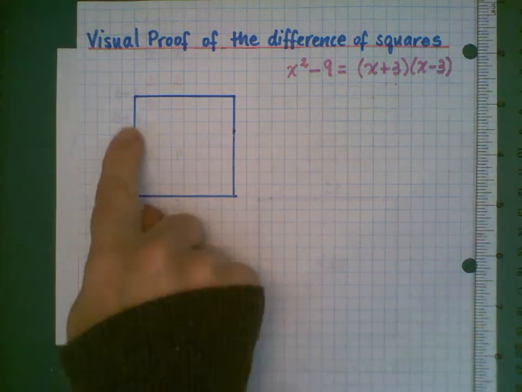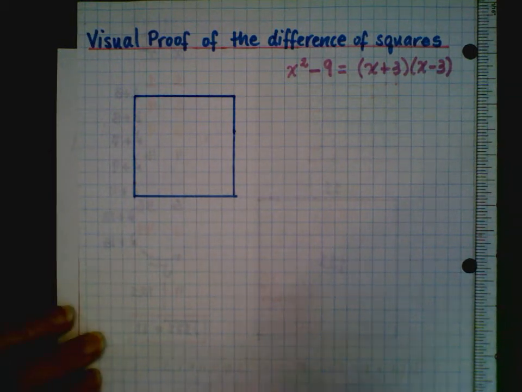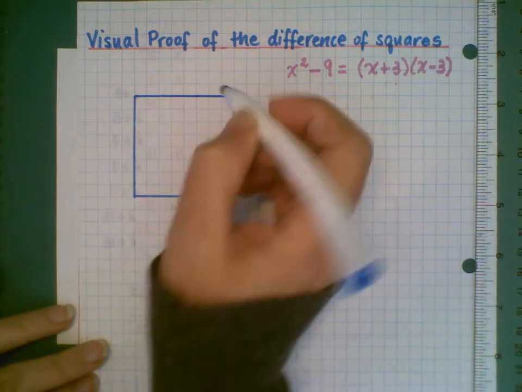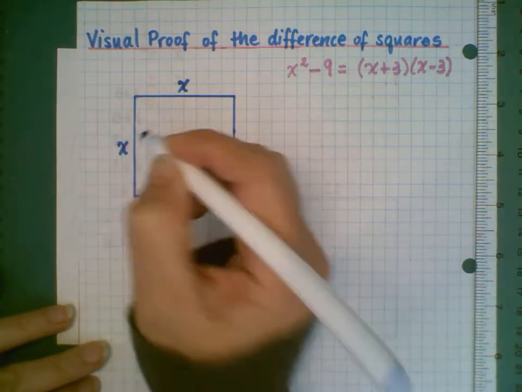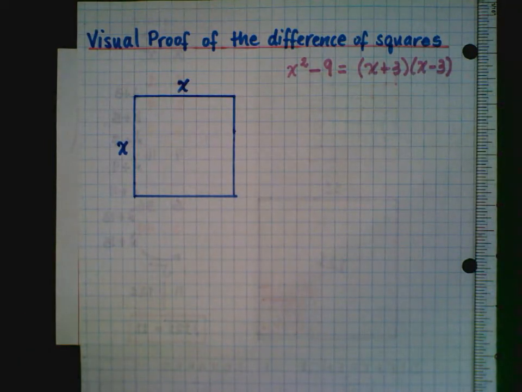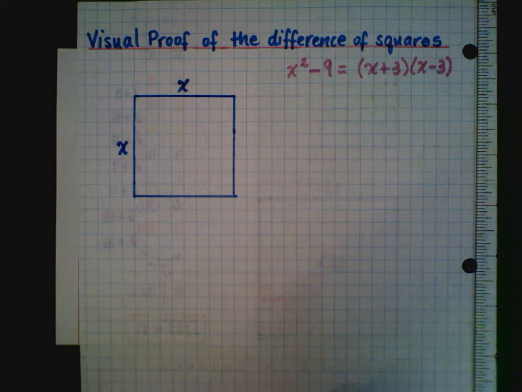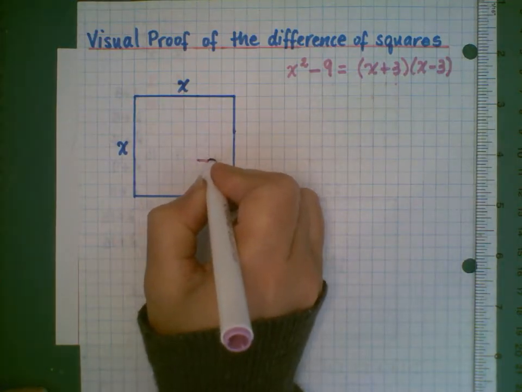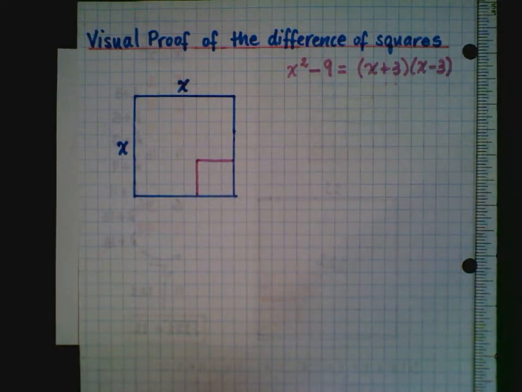So the first thing I've started with is a square, and I'm not going to say what the dimensions are. If you wish to count and figure out what the x value is, you can do that, but I'm not going to. So the square measures x by x. And then the minus 9, I'm going to show that as I'm removing a little 9 square centimeter or square object from the corner down here.